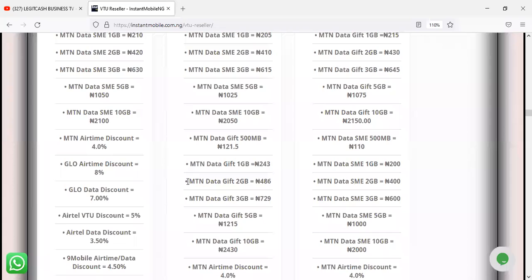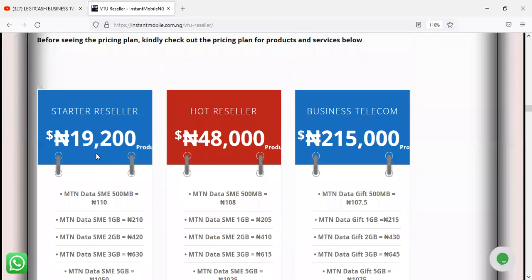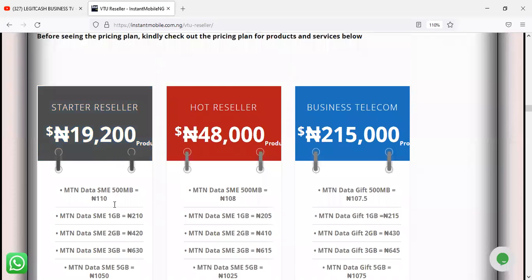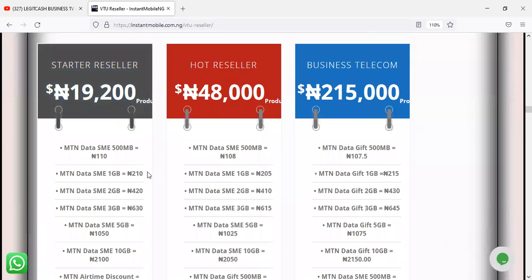Whichever package you come in with, you are making money. Imagine you get SME for 210 and then you are selling at 300 or 250, for instance.